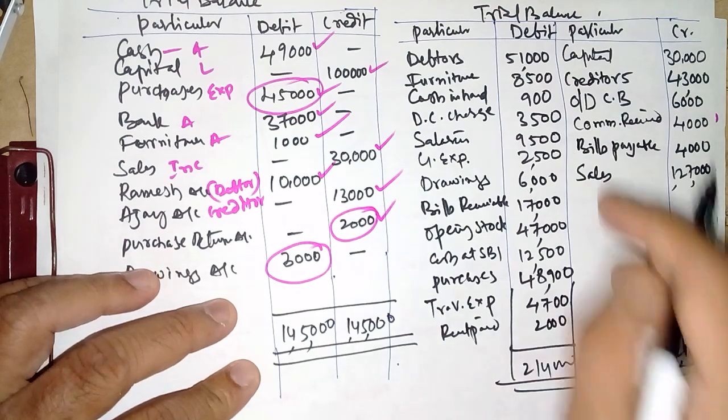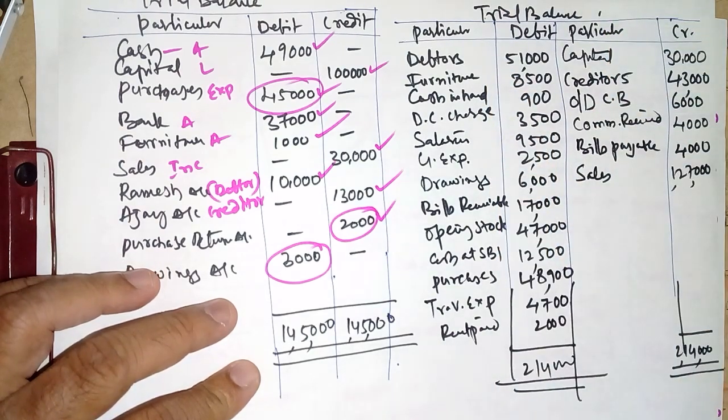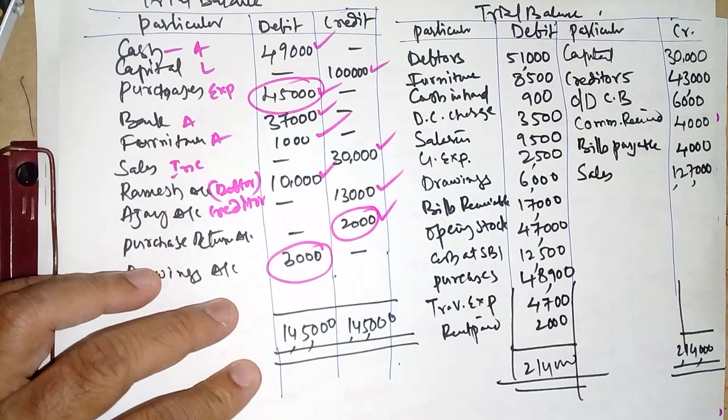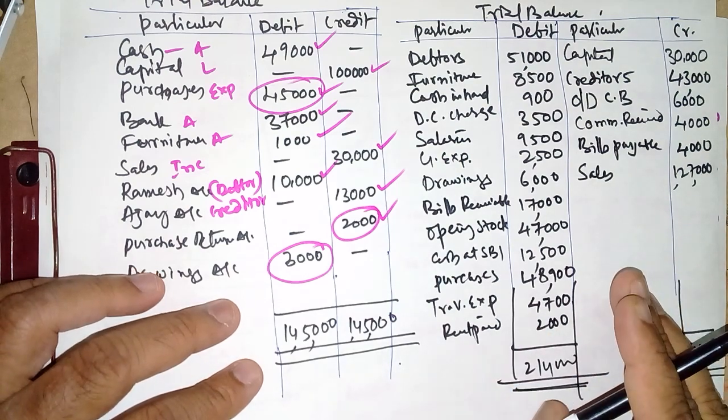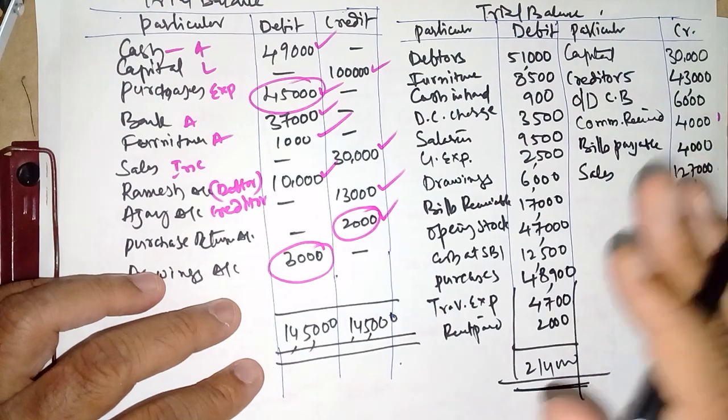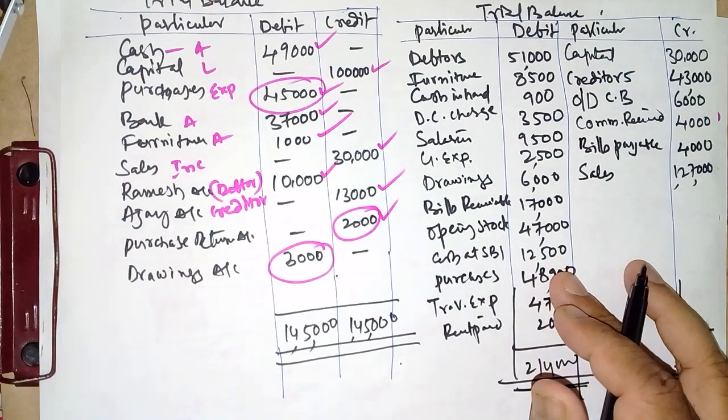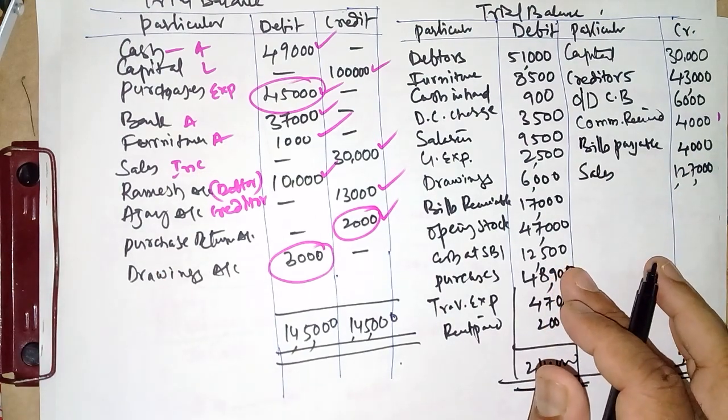A trial balance should always tally, otherwise we are wrong. Once it tallies, we can proceed to prepare the financial statements. I hope I made you understand both ways of preparing a trial balance and the basic crux.